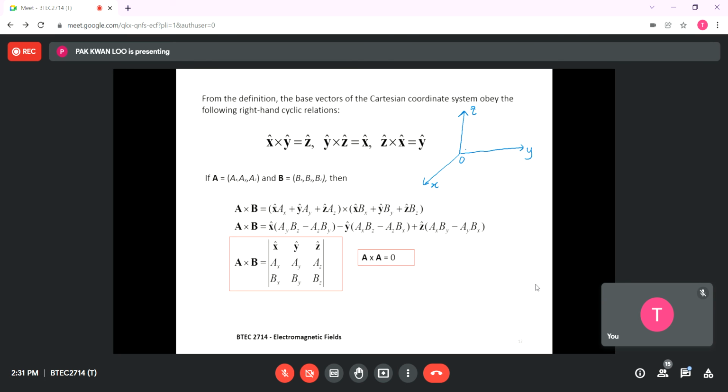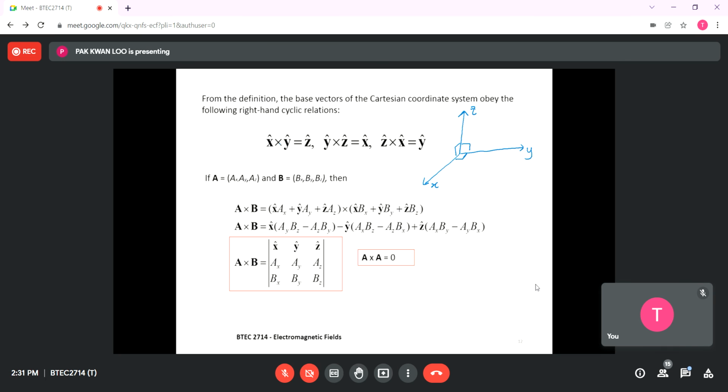My drawing does not show that, but assume X and Z are perpendicular, Z and Y are perpendicular, and X and Y are also perpendicular. So they are orthogonal to each other. Another word for perpendicular is orthogonal.